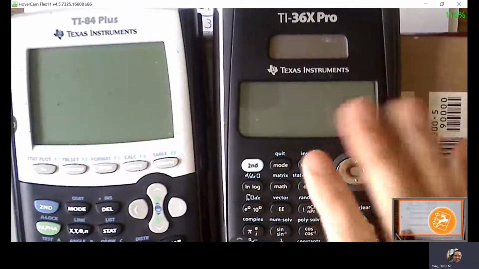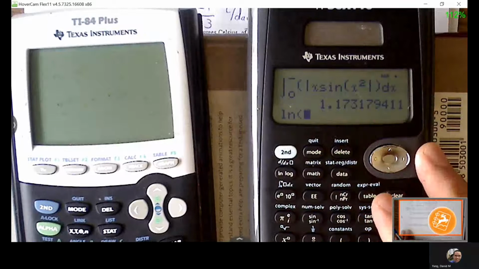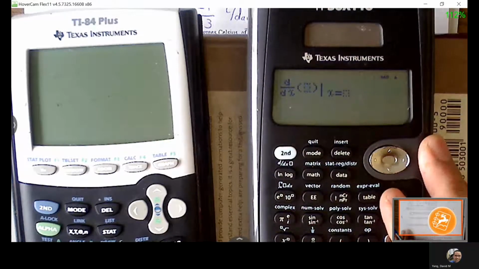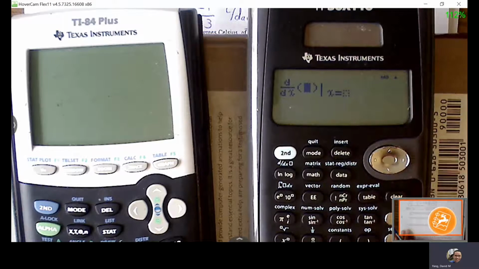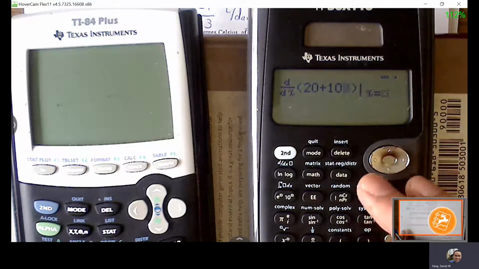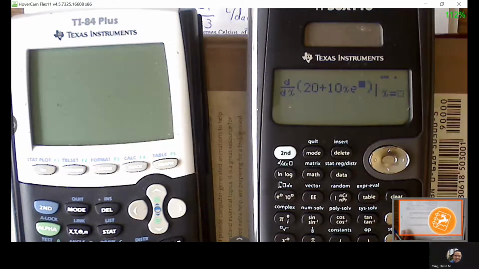So we're going to go to that Math 8 feature, or in your scientific calculator, that d over dx. Type in your function, 20 plus 10x e to the negative x over 3.